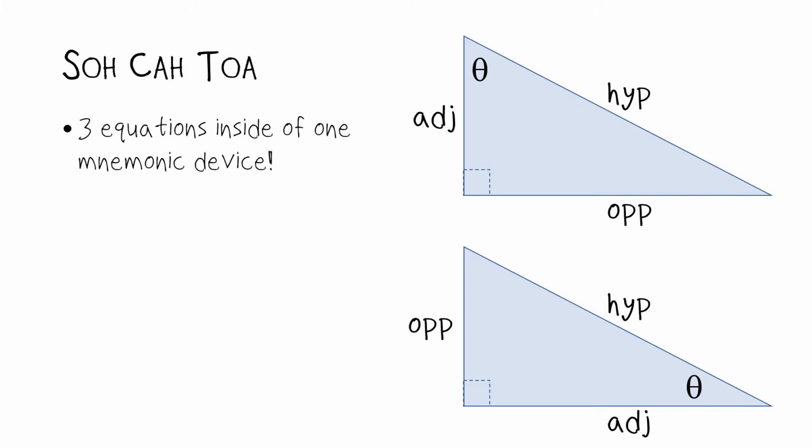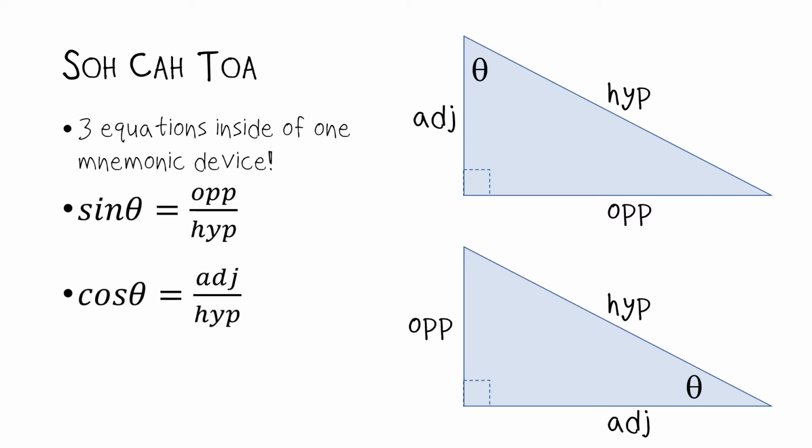And now that we've defined angles and the side names, we can reveal the 3 trigonometric formulas that show how 2 sides of a triangle relate to an angle within that. So anywhere that it says theta, that's one of those 2 corners that's not the 90-degree angle. And then basically, each trigonometric identity links to 2 of the 3 sides.